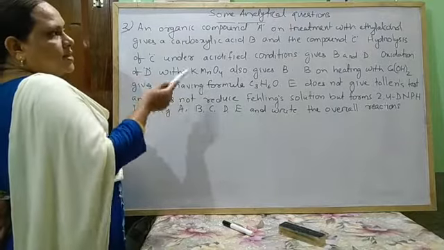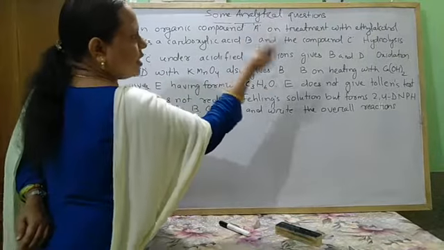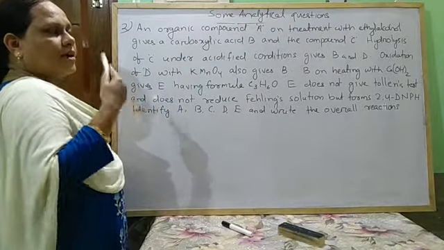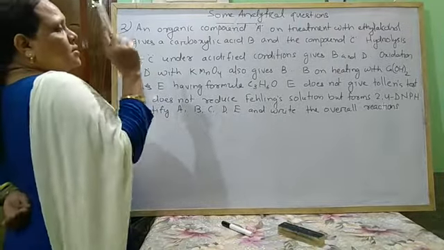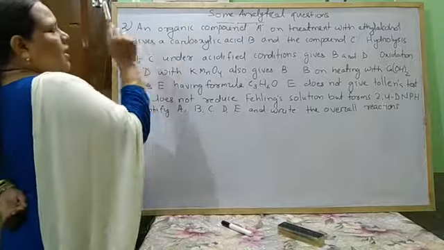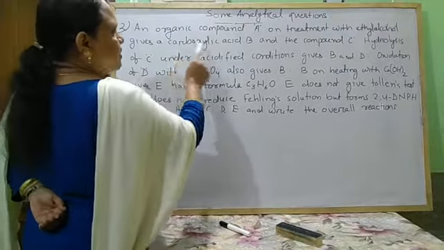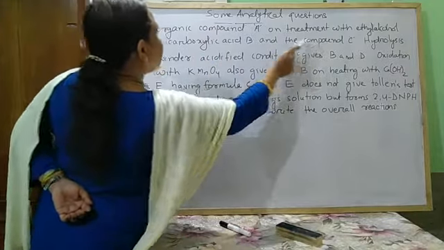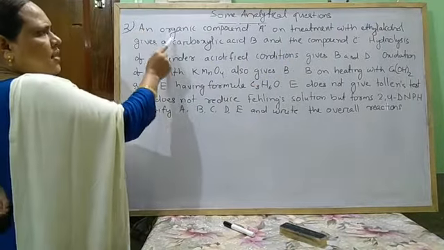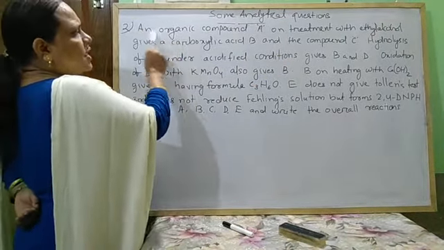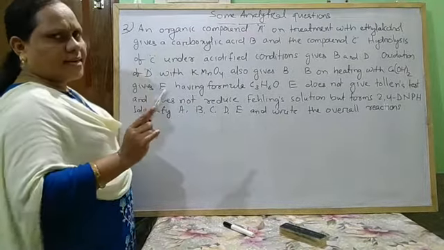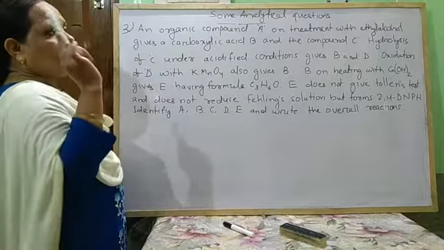And if it is an ester reacting with alcohol, it forms again an ester and alcohol. So that is trans-esterification. It gives a carboxylic acid and compound C. That means from that I can gauge that the organic compound may be an acid anhydride. First I have to keep it in mind.